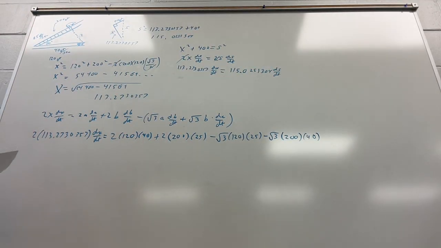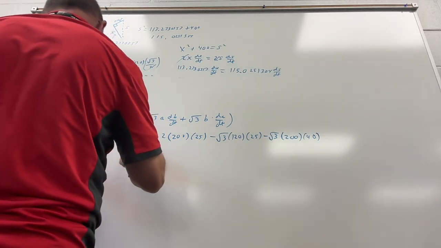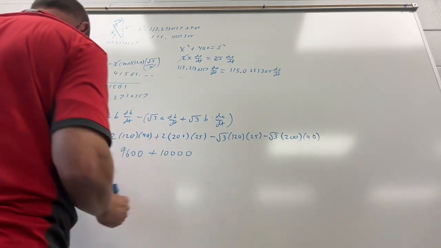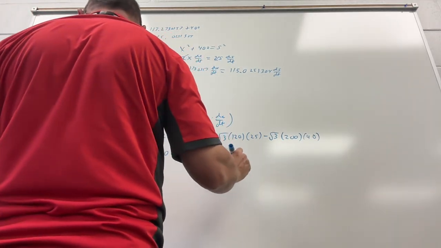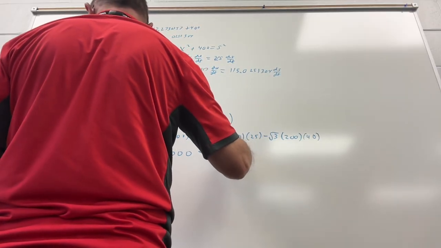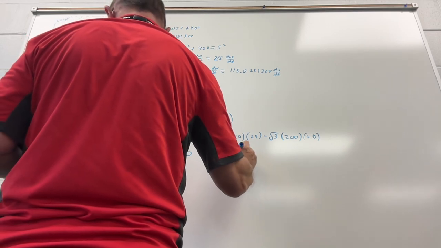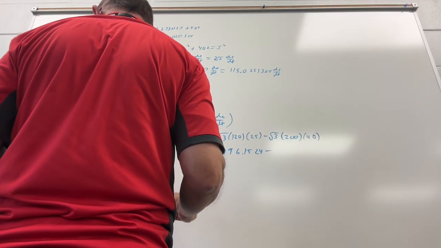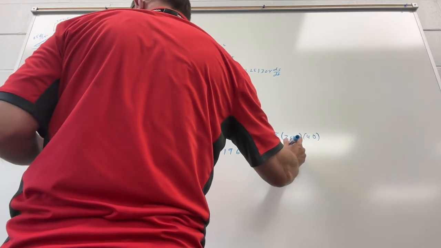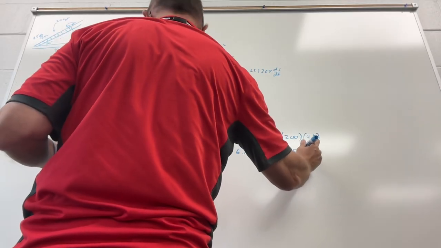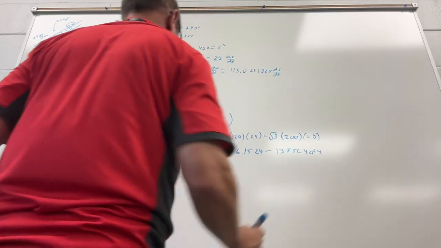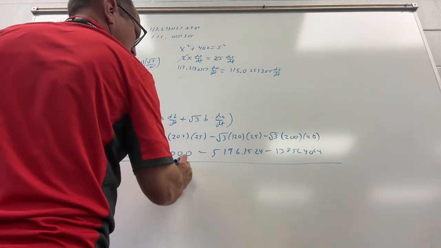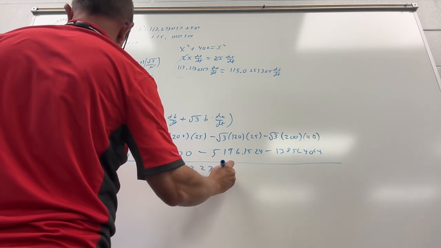All right, we've got a lot of arithmetic here. This is going to be 9,600 plus 10,000 minus 5,196.1524 minus 13,856.4064, and all of that is divided by 2 times 113.2730357.